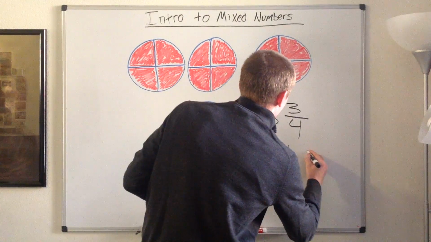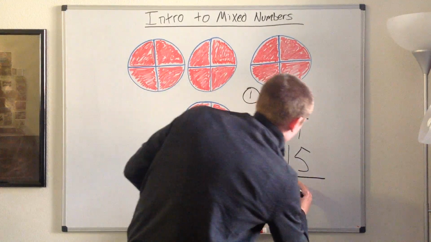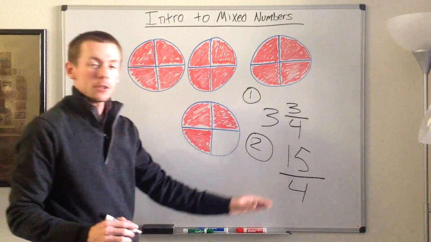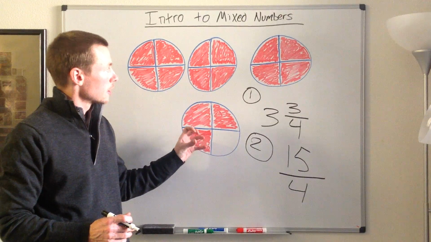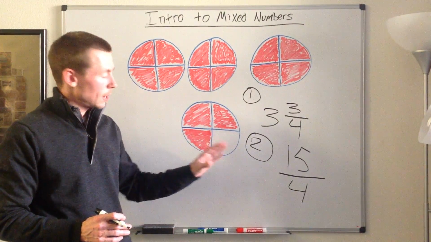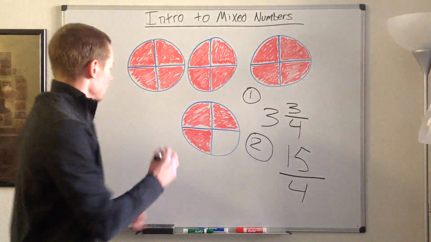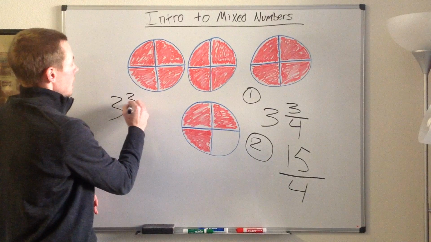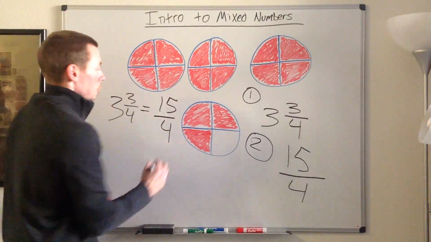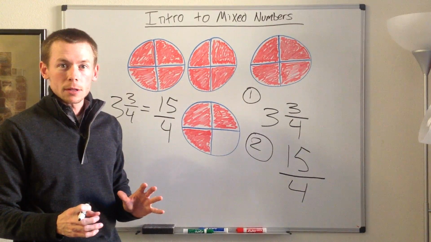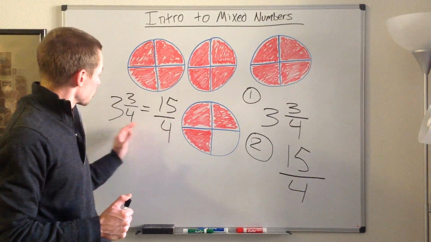So a second way to think of this is we have 15 fourths. 15 total little sections that have been carved into fourths, and we have 15 of them. So these represent the same quantity. 3 and 3/4 equals 15 fourths.